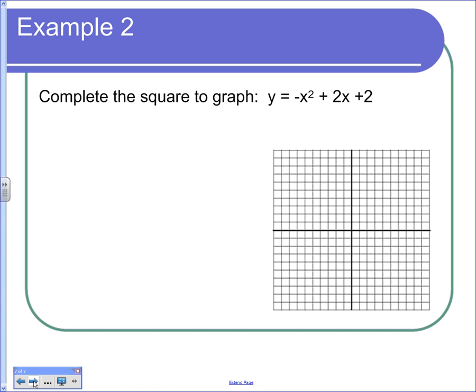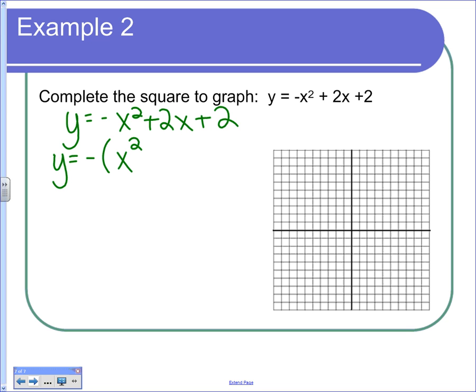If you want to try that, you can. So, we need to get it so that that negative isn't there right now. I'm going to take out a negative from the x squared.